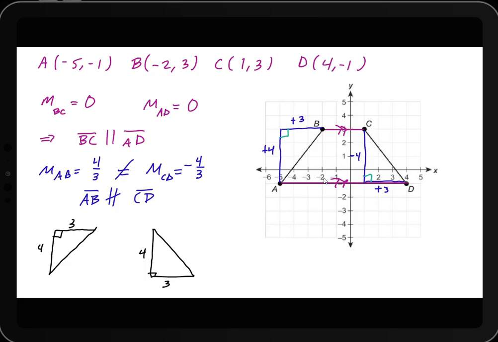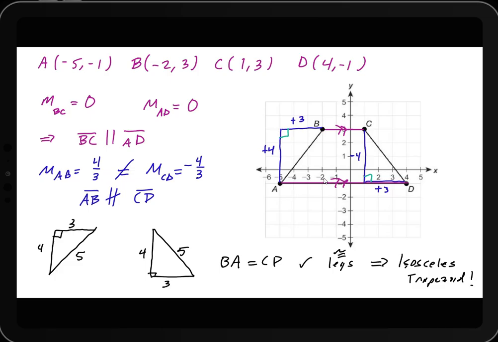So using the Pythagorean theorem, we can confirm that the hypotenuses are both going to be 5. So the length of BA is the same as CD. If you have congruent legs, that implies it's an isosceles trapezoid.